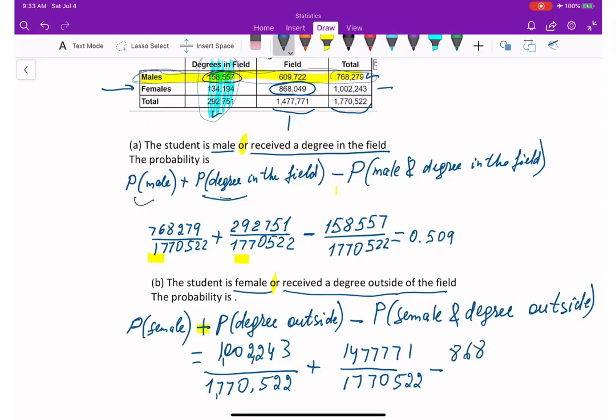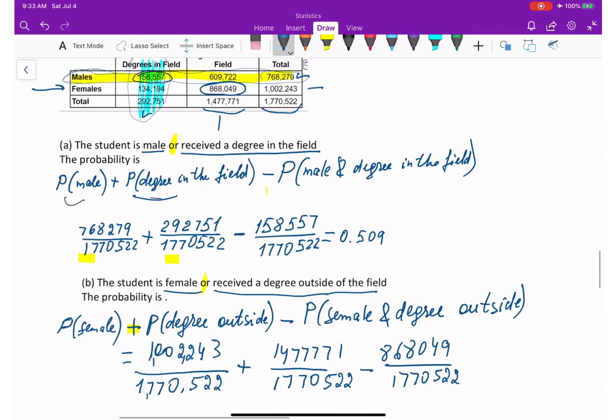We are eliminating duplicate this way. Over 1770522. Okay, and that is going to be equal 0.91.